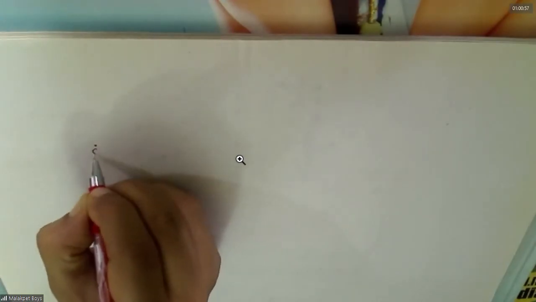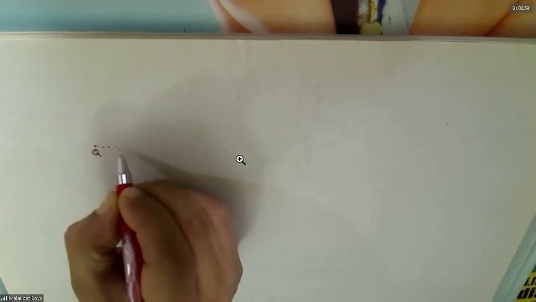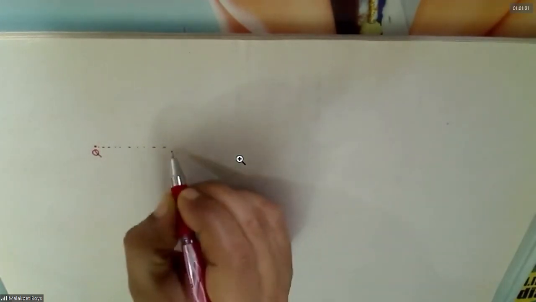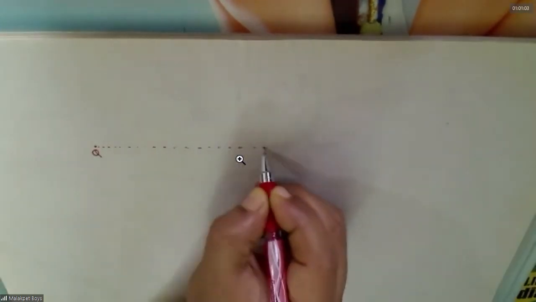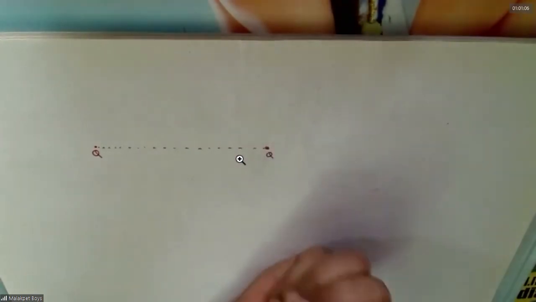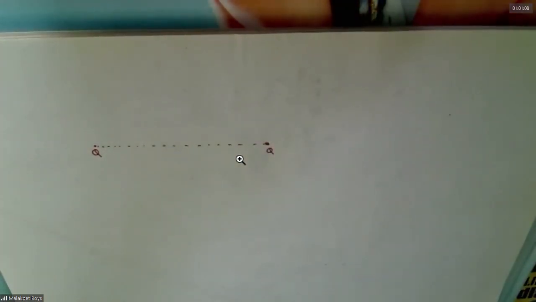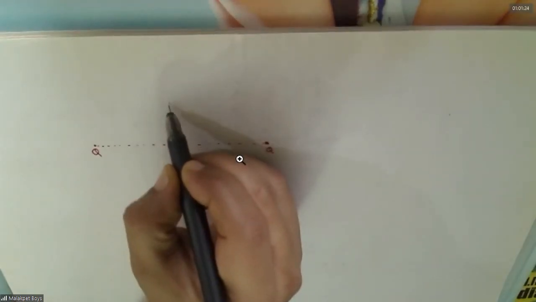See, here there are two charges like this. Now he says that a point test charge is placed between. This is the plane.